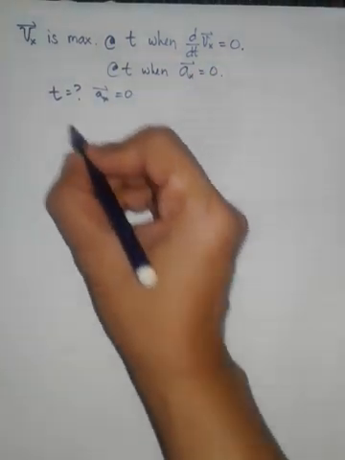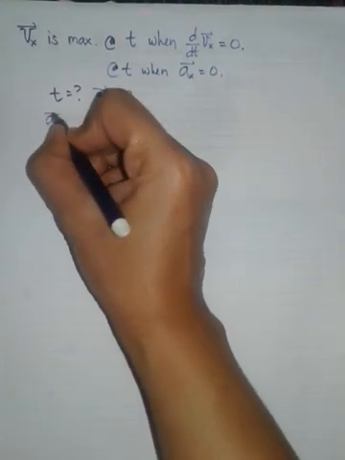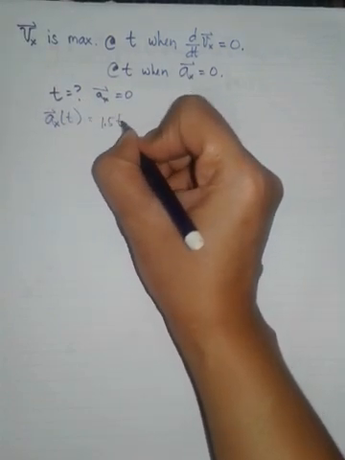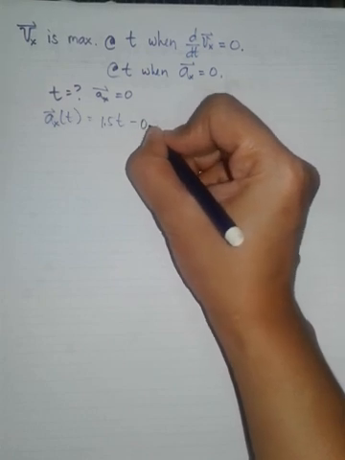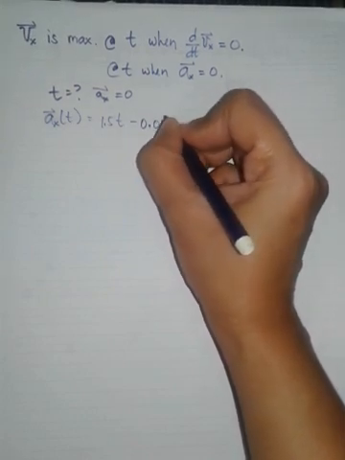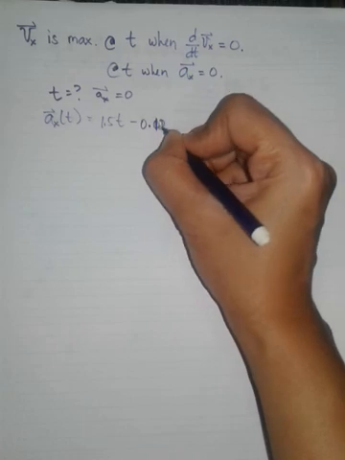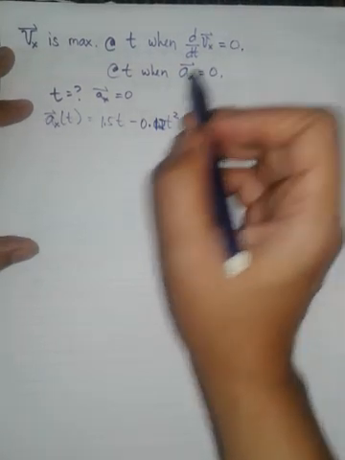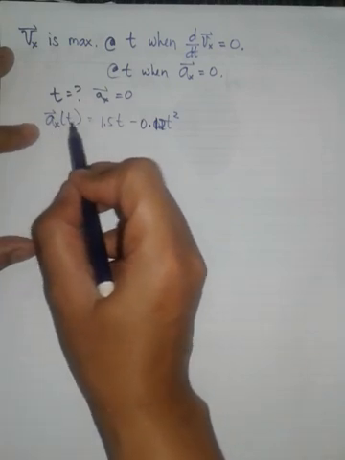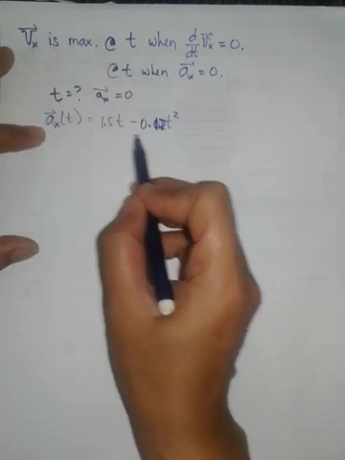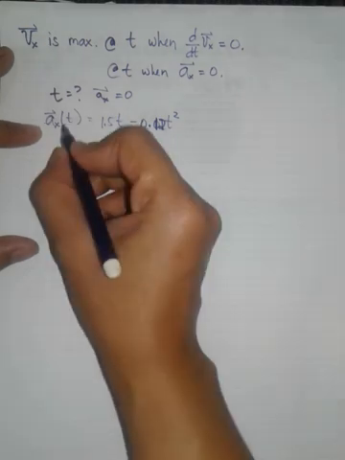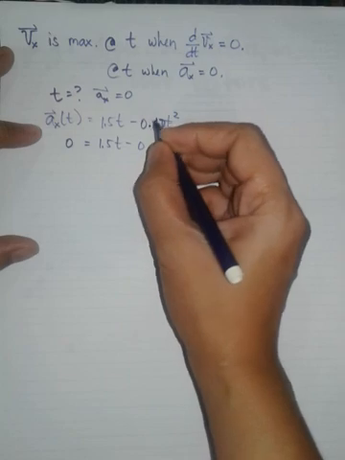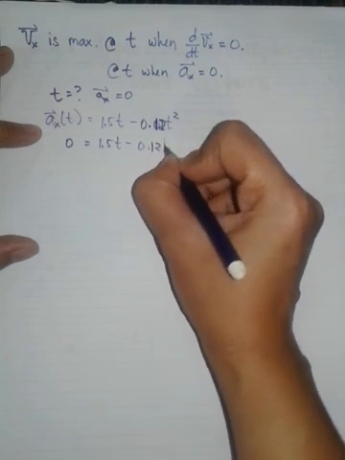So, let's go back to our acceleration equation. Okay. This is 1.5t minus 0.12 t squared. Okay? So, we will substitute 0 here kasi gusto nating malaman yung values ng t na ito. So, this becomes 0 and this is as is lang, minus 0.12 t squared.